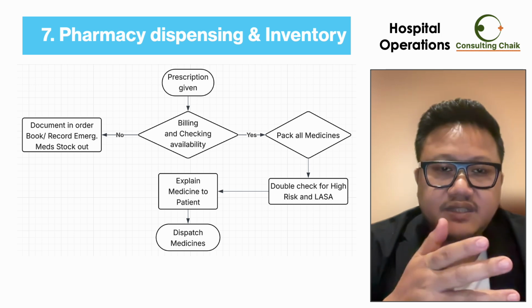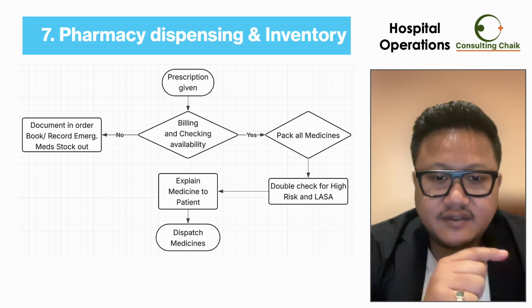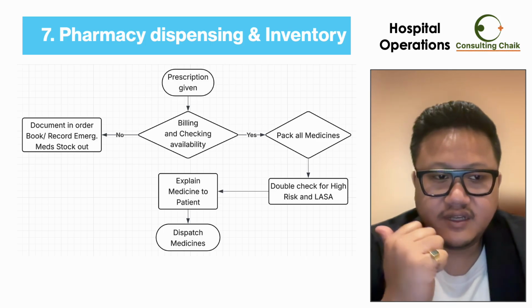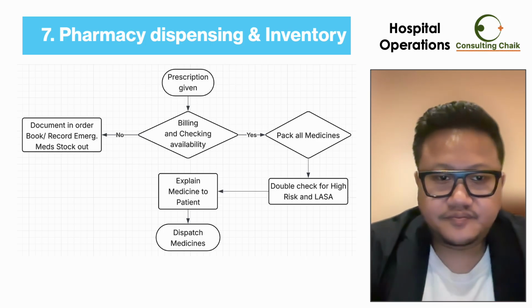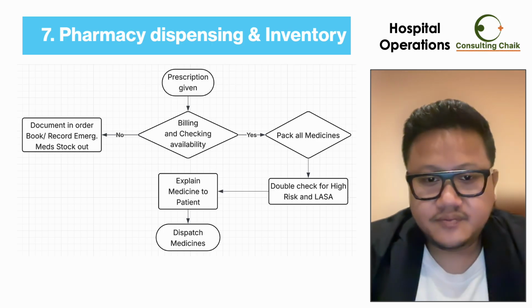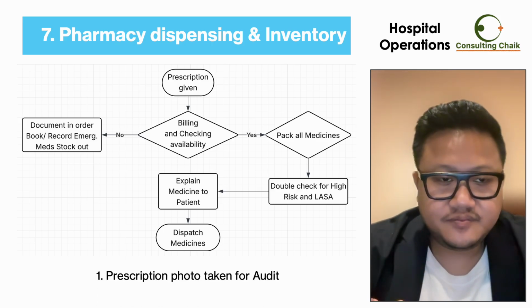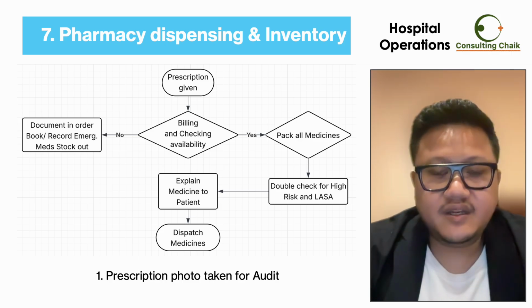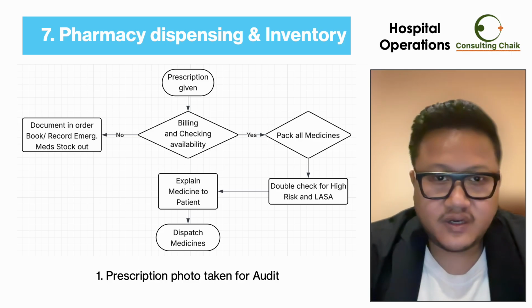Now the pharmacy dispensing and inventory. So on the left side of this screen, there's a whole flow chart given. When a prescription is given in the pharmacy, you take a photo of that to do audit.